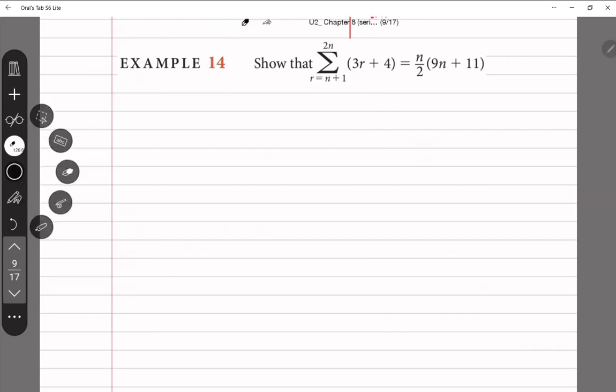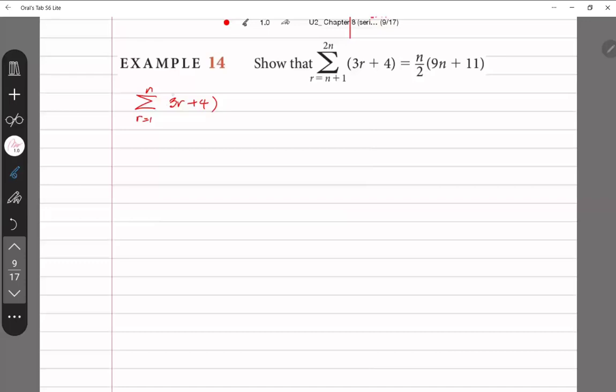I would try to find the summation from r equals 1 to n of 3r plus 4 first, and this would be equal to 3r from r equals 1 to n plus 4 from r equals 1 to n.